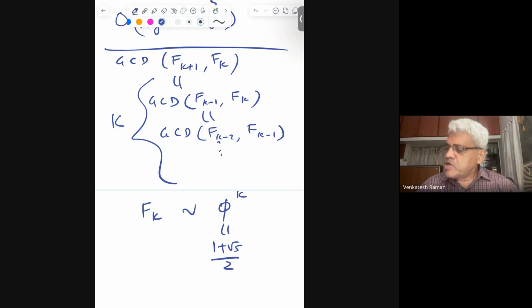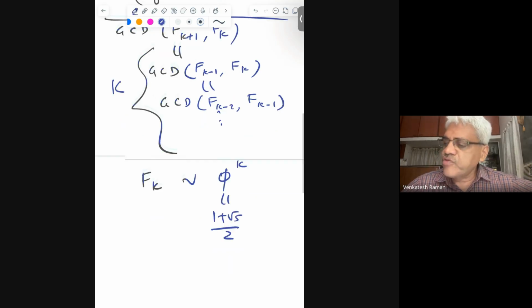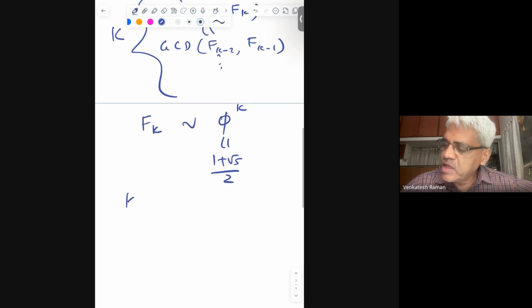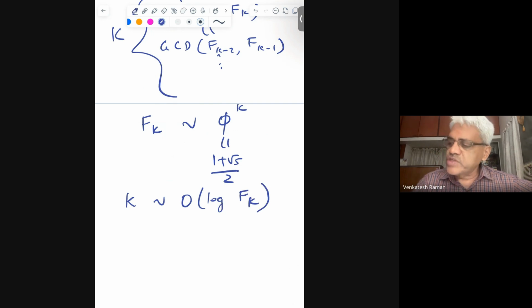So for such an exponential number, you are getting it in k steps, which means this k is logarithmic in F(k). K is basically order log F(k), because F(k) grows exponentially in k.